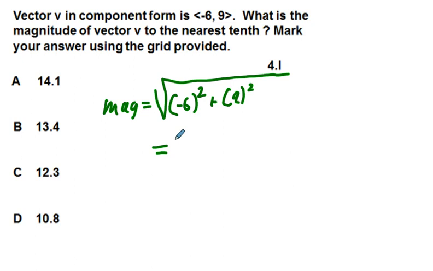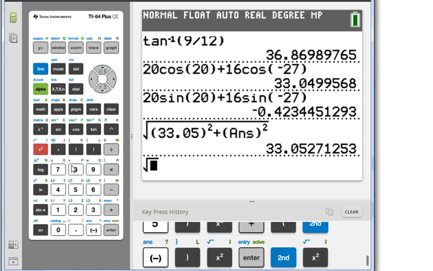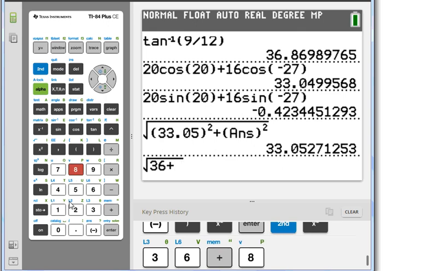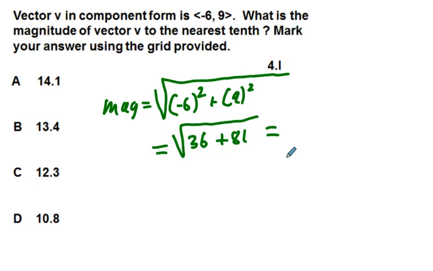So that's going to be the square root of 36 plus 81. We get 10.8, to the nearest tenth. That's choice D.